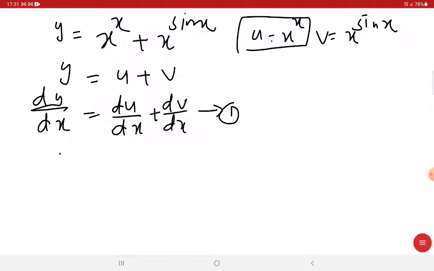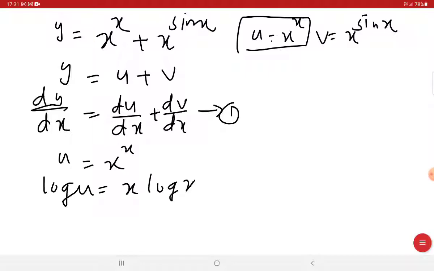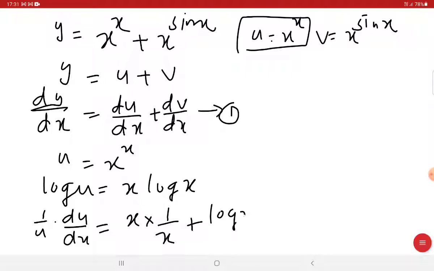So u equal to x raised to x, and take log on both sides. So log u equal to x log x. Now differentiate with respect to x. So 1 by u into du by dx is equal to, here product rule, x into derivative of log x, 1 by x, plus log x into derivative of x, which is 1.